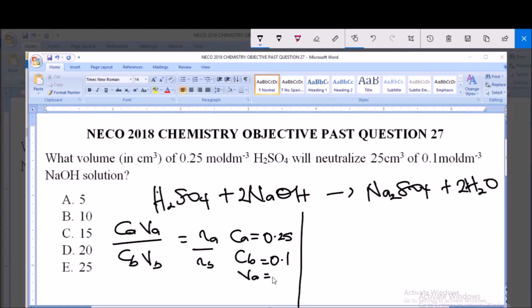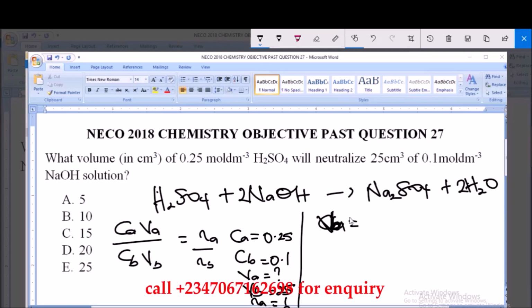Va, which is the volume of the acid, which we don't know. Vb, the volume of the base, which is 25 centimeter cube. Then Na, which is the mole of the acid, which is 1, and Nb, which is the mole of the base, which is 2. We're looking for the volume of the acid, which is Va.